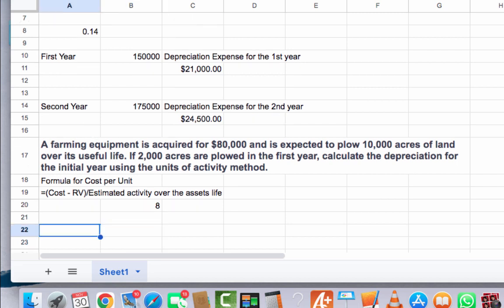In our first year, which is the only year we have now, what do we have here? We had 2,000. Again, I'm going to start with an equal or a plus to turn my spreadsheet into a calculator. I'm going to take the 8, multiply it using the asterisk times the 2,000, and it's going to give me $16,000 as the depreciation expense in the first year.